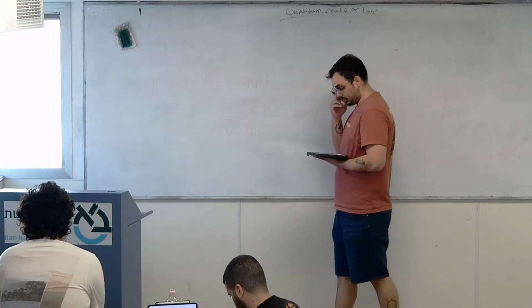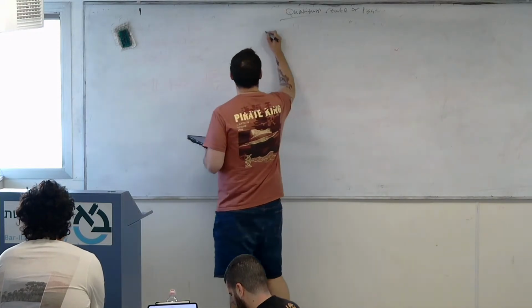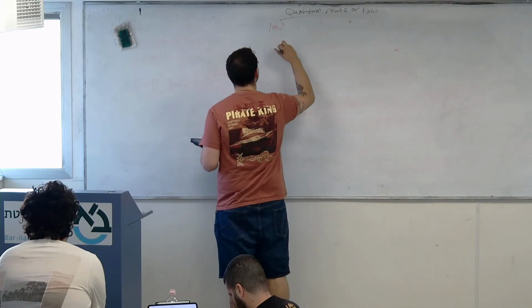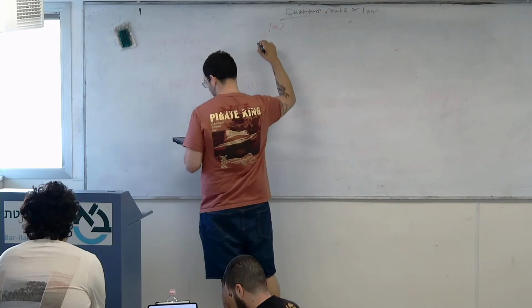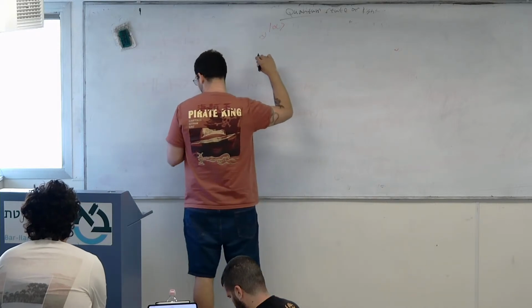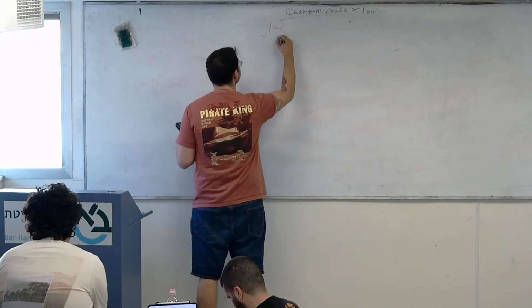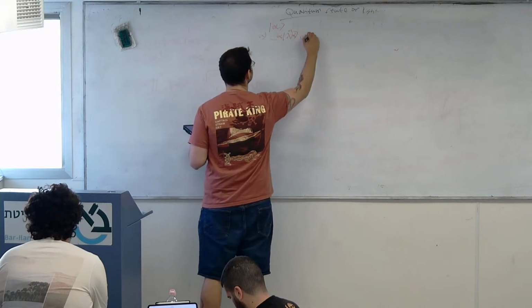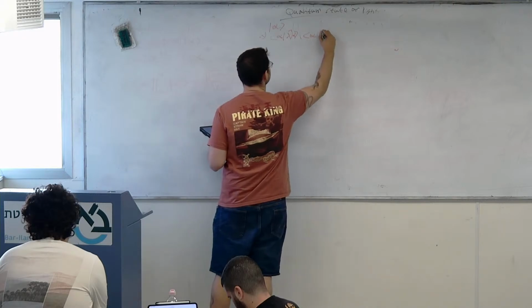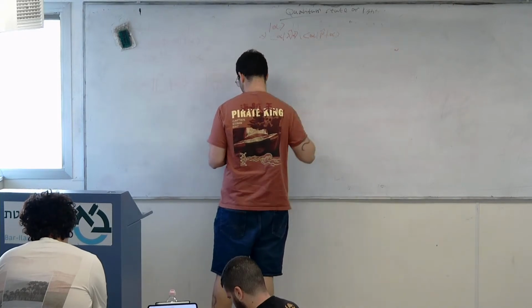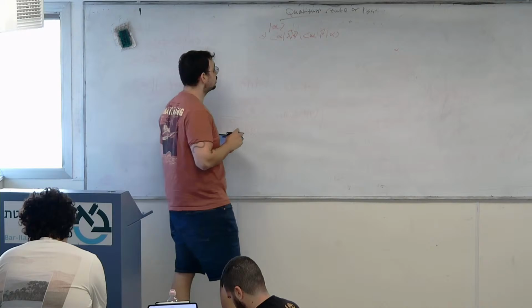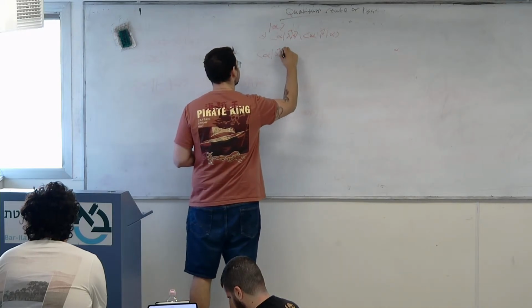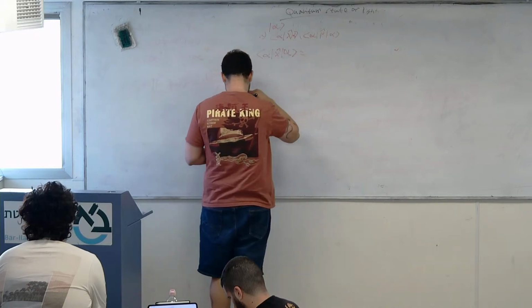We start with the coherent state. We want to find the expectation values of x and p on alpha.